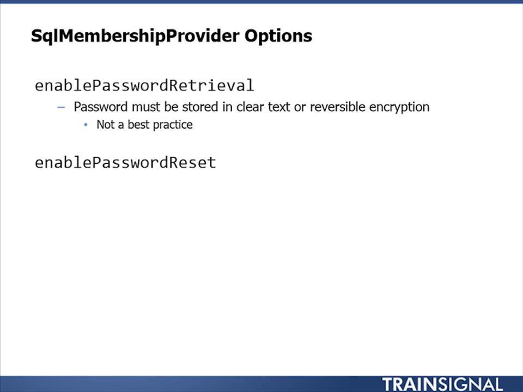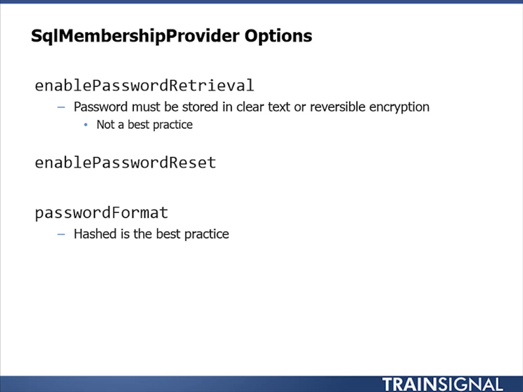This is not a best practice. Enable password reset means that if somebody forgets their password, we're going to create for them a brand new password. Because we'll be creating for them a brand new password, we don't need to know what their existing one was. So we can store our passwords properly secured in a salted and hashed format.